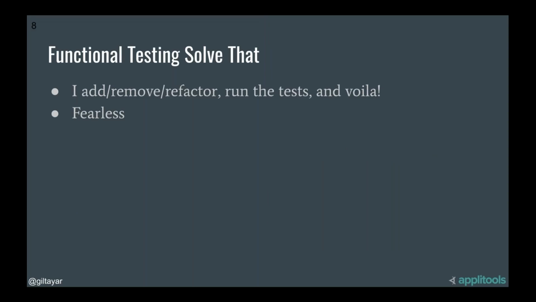What I do is, I write the tests that cover all my app, and then I add, remove, refactor my code, run the tests, and voila, I know whether I broke something or not, and can immediately fix it while I'm writing the code, and not 10 days later when somebody finds the bug. It makes me fearless. It's almost a superpower. Writing tests makes me a super coder. That is how I feel about functional testing, and that is great.